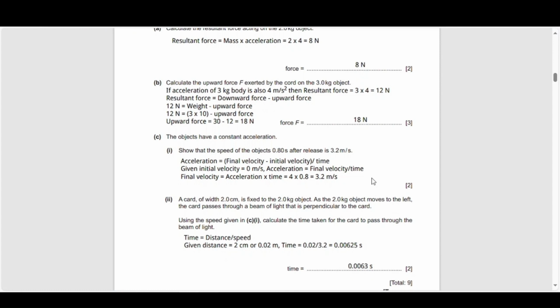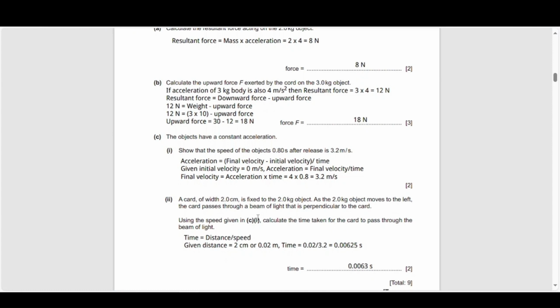Okay, so it's a bit like a speed check, or a speed gun. Using the speed given in C part 1, which is 3.2 meters per second, calculate the time taken for the card to pass through the beam of light. So you know the speed, it's 3.2 meters per second. The thing you need to keep in mind is that if you want to calculate the speed of an object using a card attached to the object, the distance would be the width of the card.